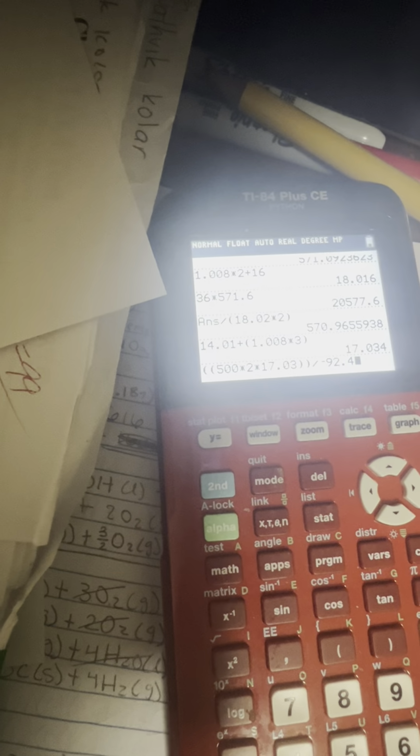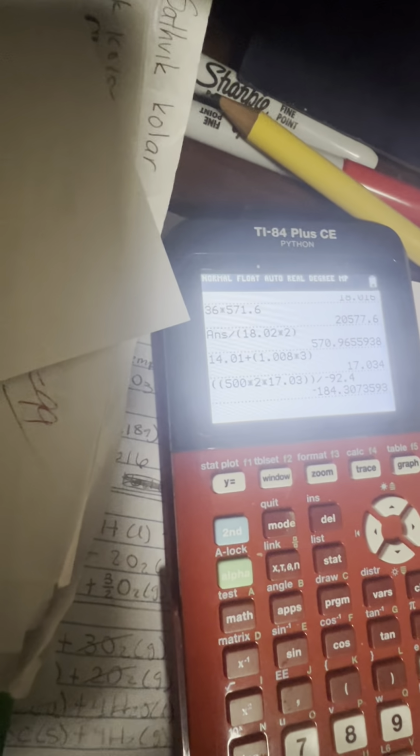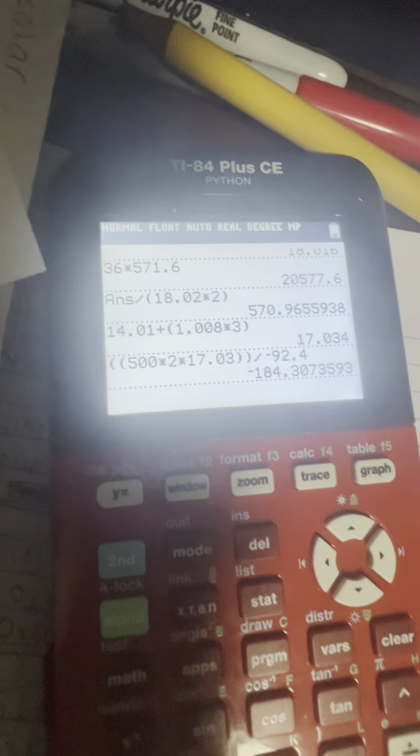It'd be 500 times 2 times 17.03 divided by negative 92.4. And then we are left with about negative 184.3.